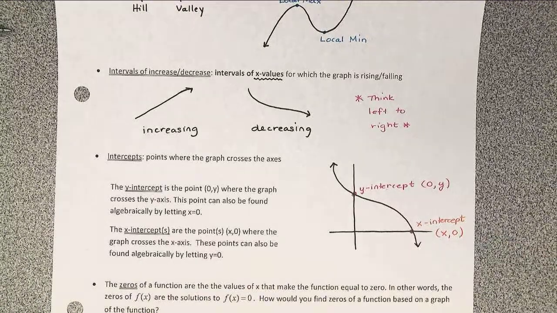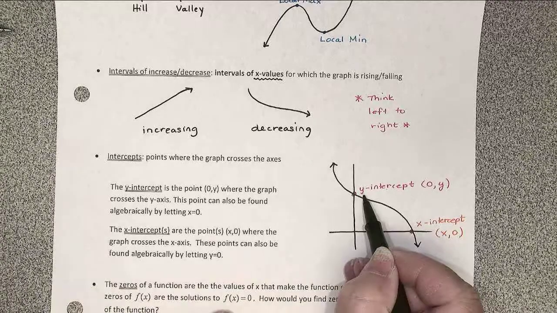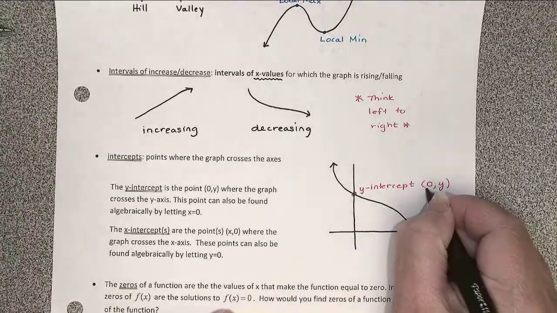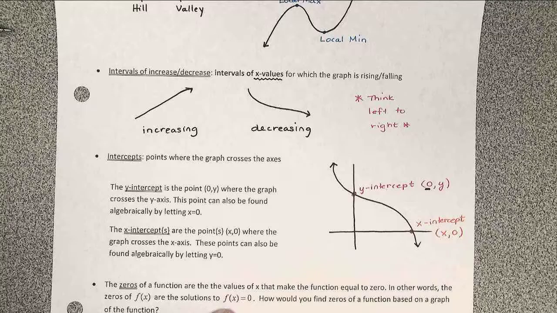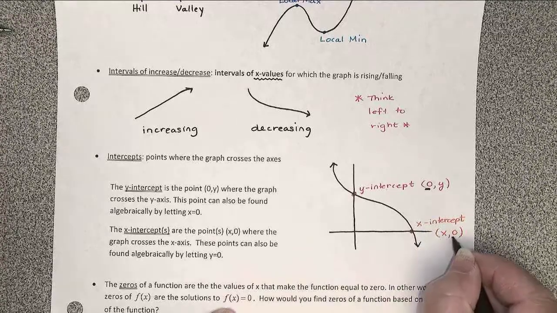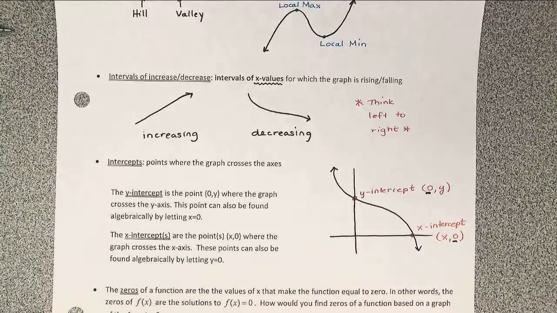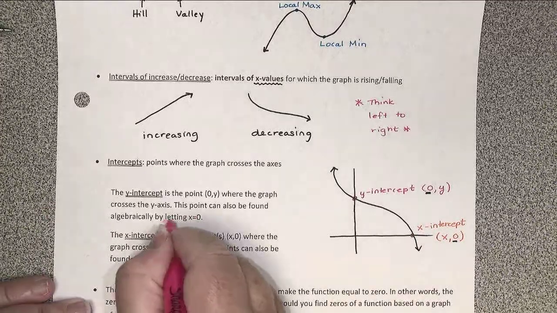In fact, algebraically, the idea that one of the variables is 0 is the way that we calculate intercepts. If we want the y-intercept, we let x be 0. And if we want the x-intercept, we let y be 0. And we've mentioned that over here as well.